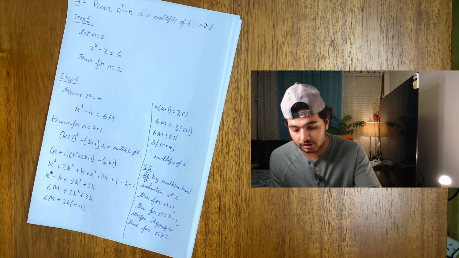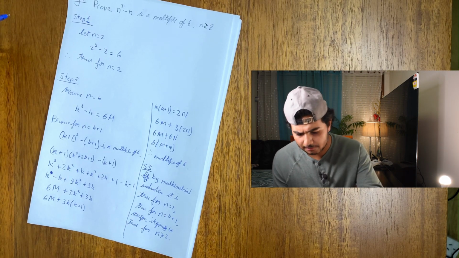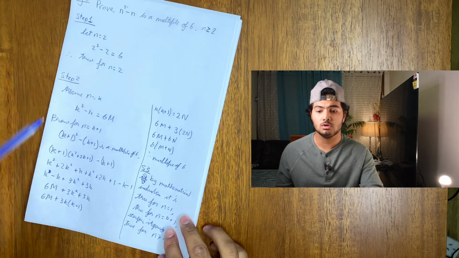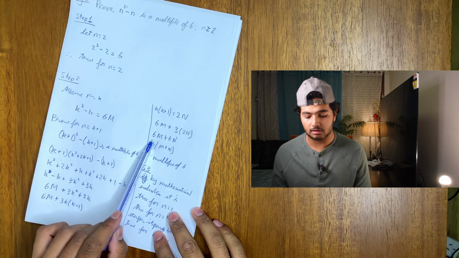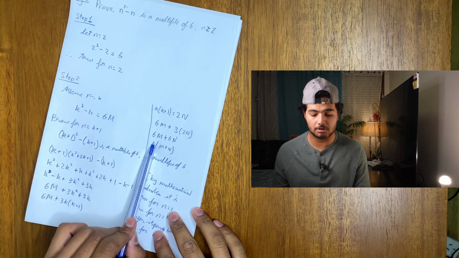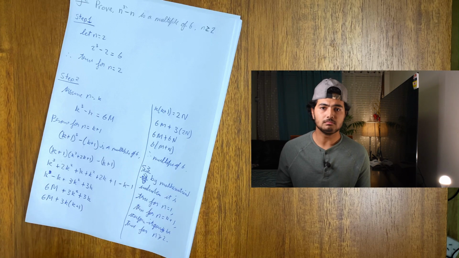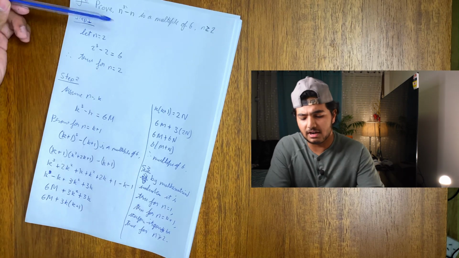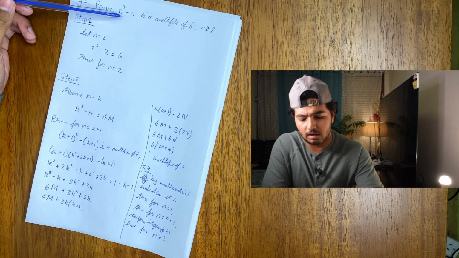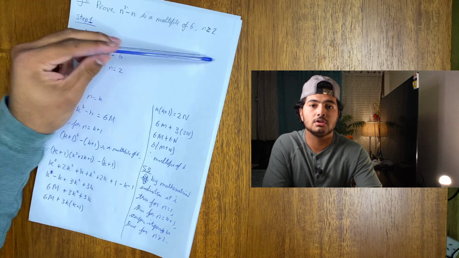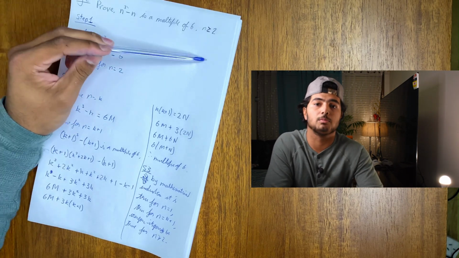Coming back to multiple and divisible, we've seen that in both example 1 and example 2, we had 6 or some constant multiplied by another variable inside. This means that if x is divisible by y with no remainder, then x is a multiple of y.